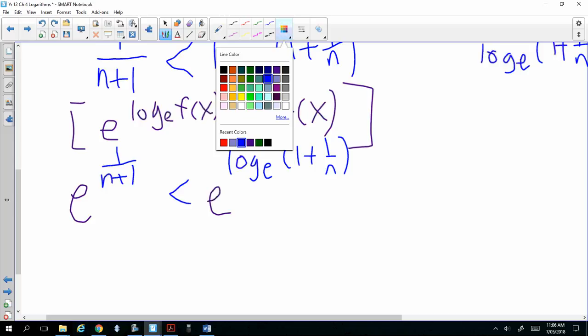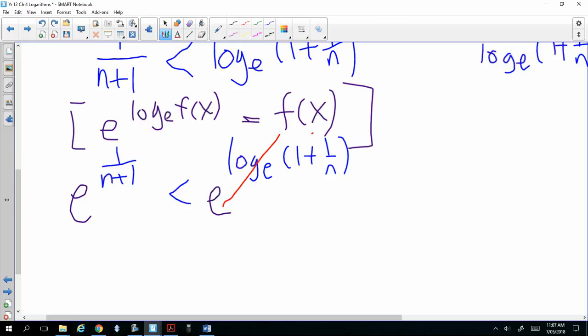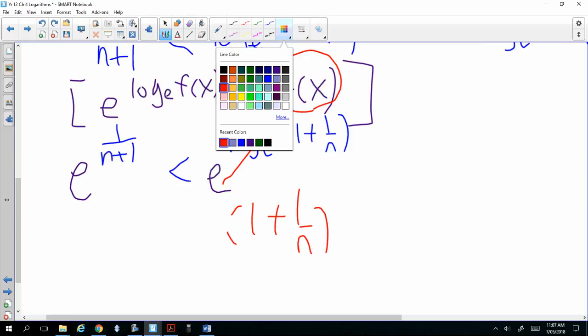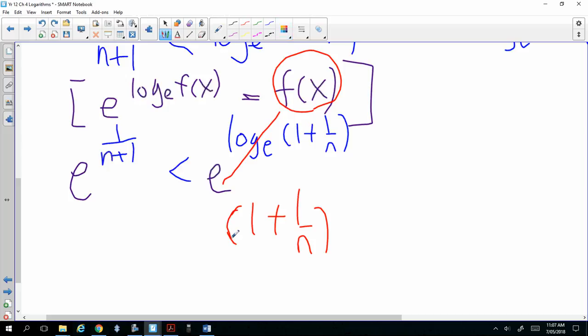Okay, so we got this, but the left side still remains the same, like this. Now I need to make e appear. It's getting very close, so we have to get rid of the power. How do I get rid of the power?